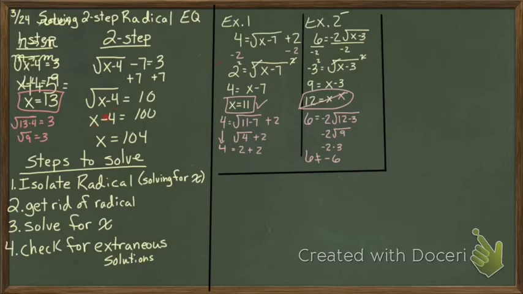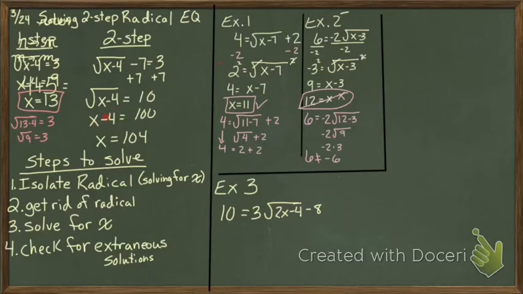So for example 3, we're going to solve 10 equals 3 times the square root of 2x minus 4 minus 8. Now, you don't have to write this down, but just watch me on the screen. And this is kind of what I meant earlier.